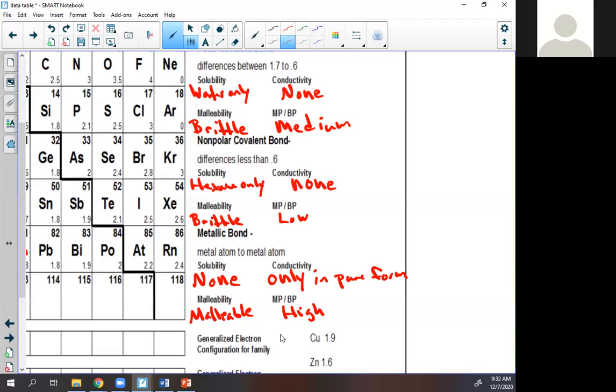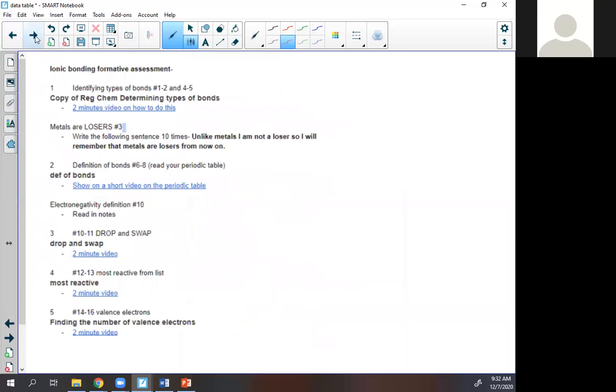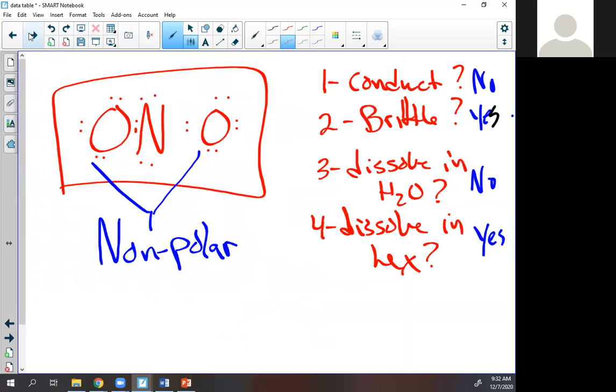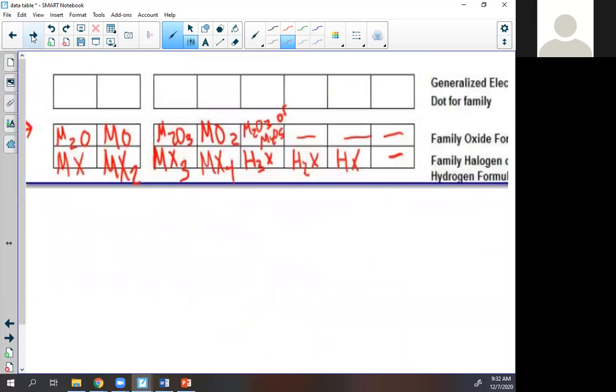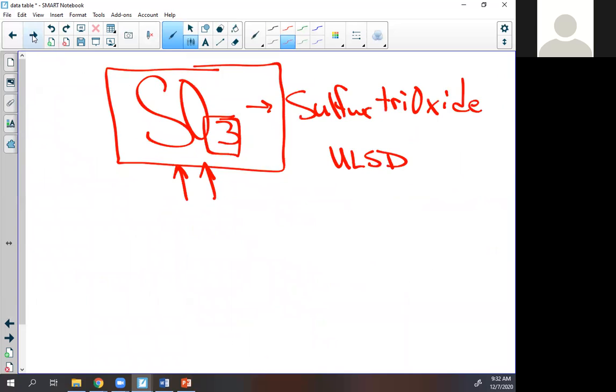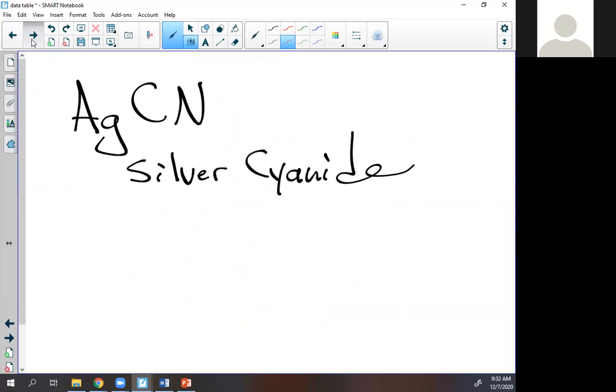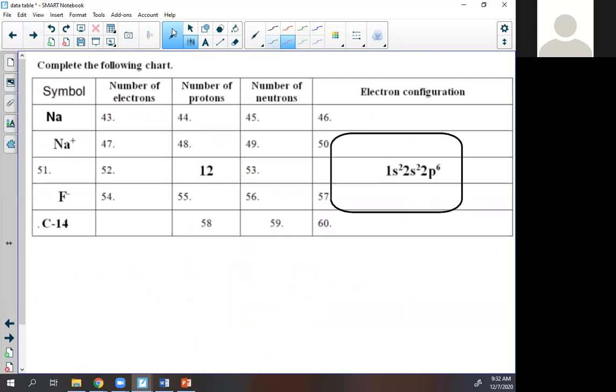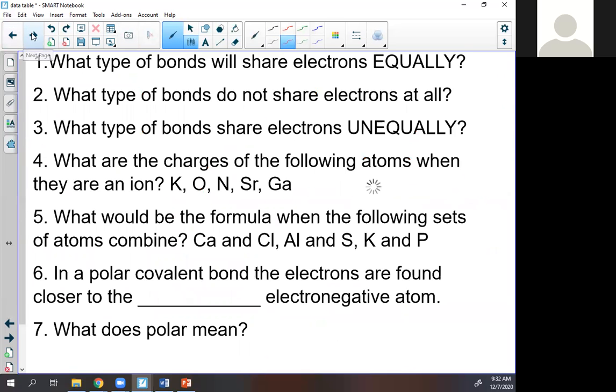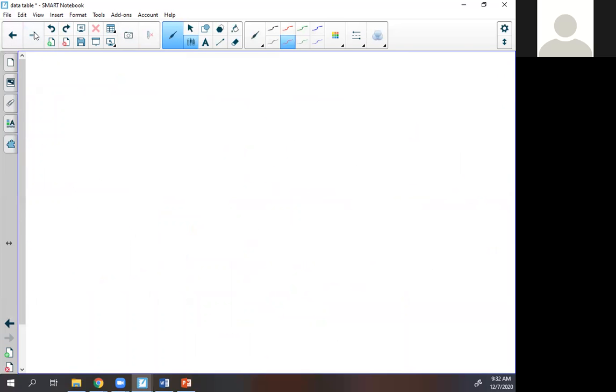Now we have a lot of data on this paper. You get to use it on your test, so make sure you don't lose it. Turn to page 16 and we'll try and do some stuff real quick. Do I not have it? I don't have it. I could have sworn I had it on here somewhere.